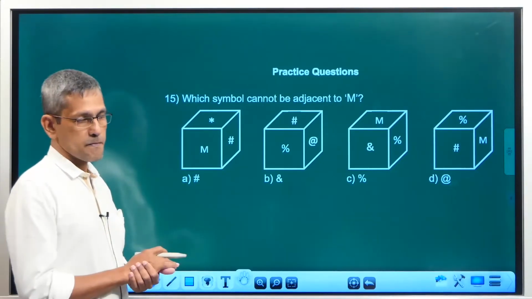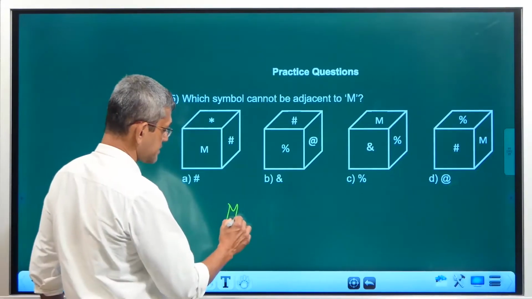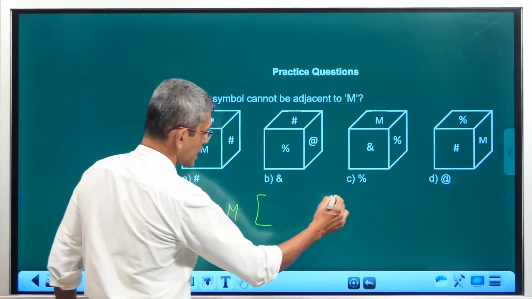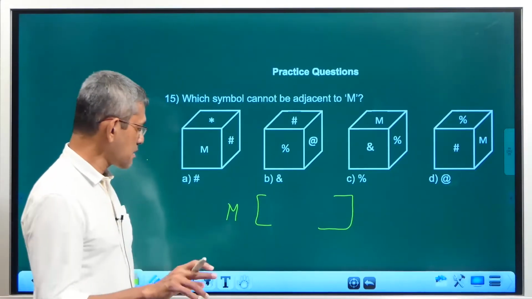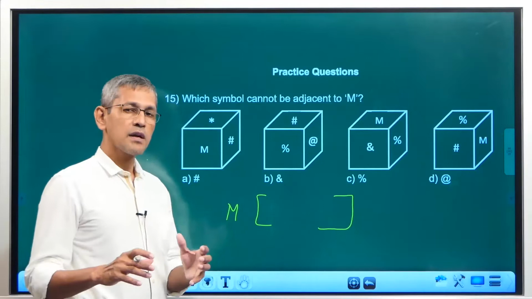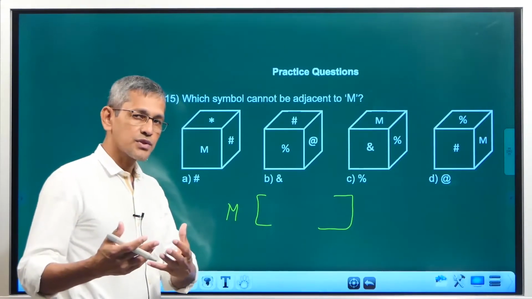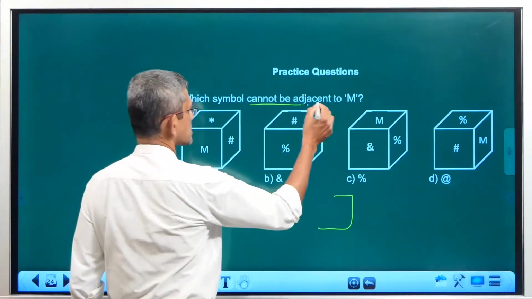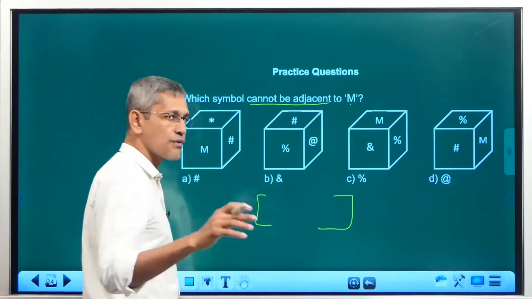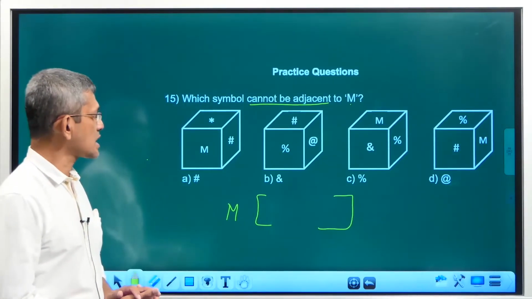We have M and there would be 4 elements adjacent to M. The element which cannot be adjacent to M would be the element which is opposite to M. So ultimately we are looking for the symbol which is opposite to M. That is what we need to get from this question.